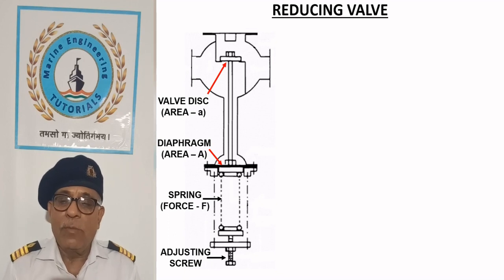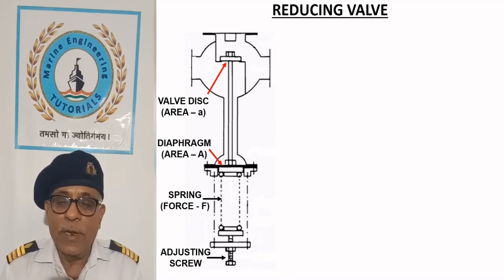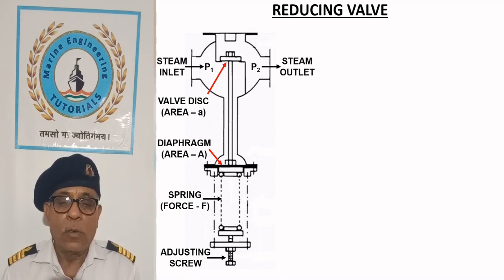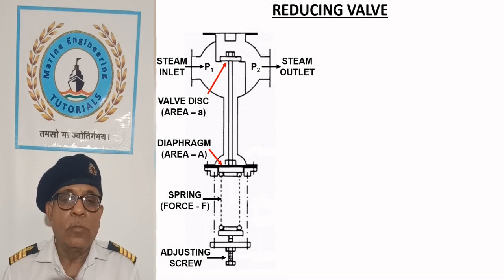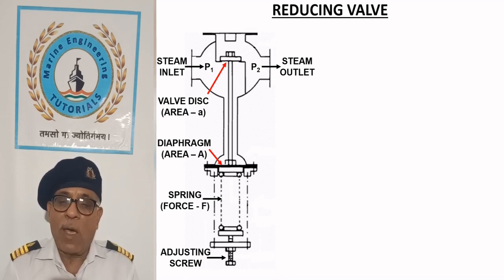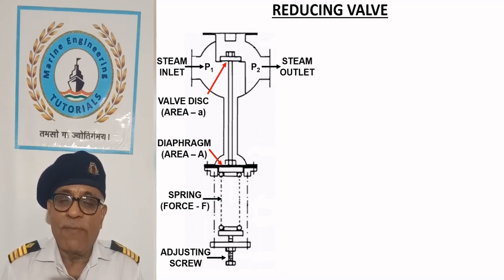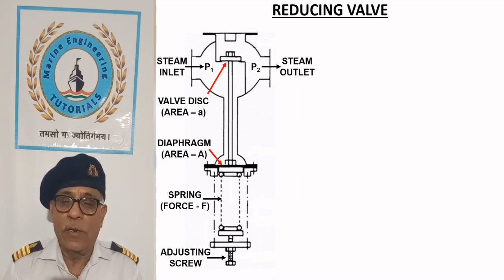The diaphragm is loaded by the spring whose force is adjusted by the screw. Steam enters the valve at pressure P1, which may have fluctuations but leaves out at pressure P2, which is almost steady.